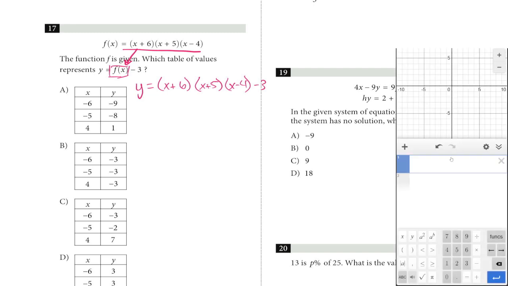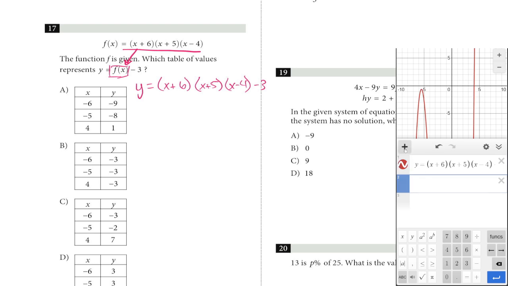I can type this equation in, and then we're just going to guess and check all the points from each of the tables. We're going to allow Desmos to visually guess and check this. And again, I may need to zoom in or out for this question. I actually don't think I do based off the table.